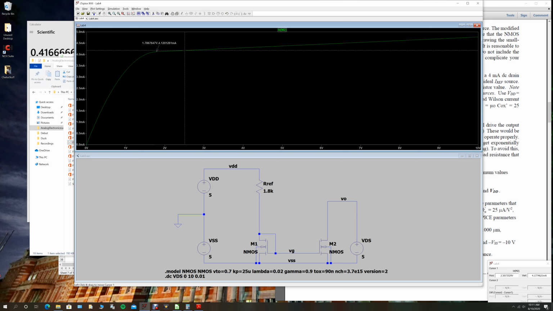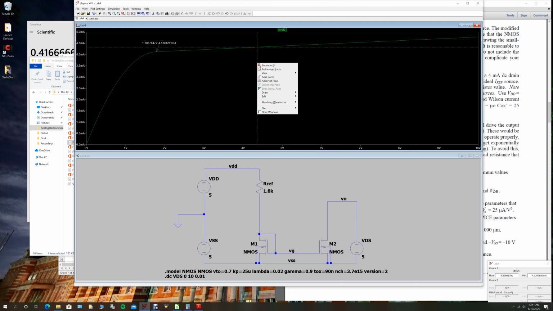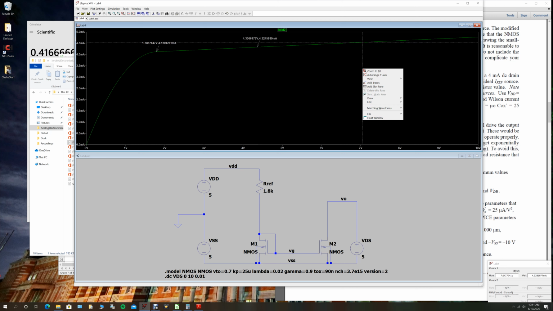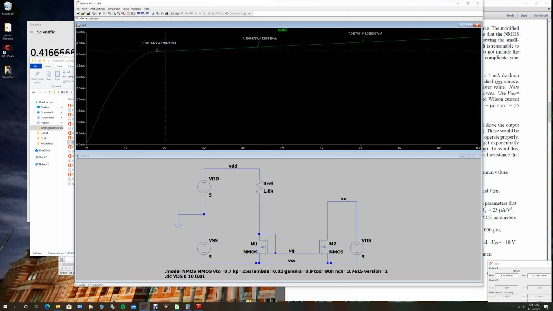And the other part is to figure out the output resistance. So we can pick a couple data points when the device is in saturation and add a couple points like that. With this information, we can figure out the slope, which is directly related to the output resistance.